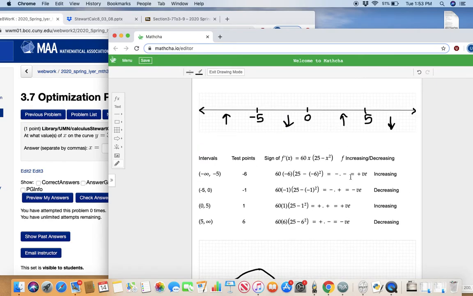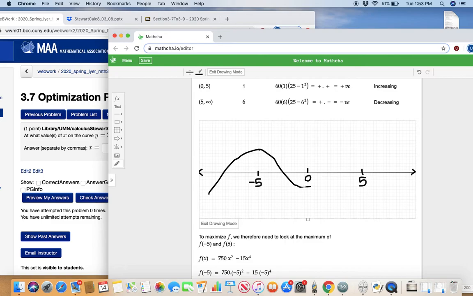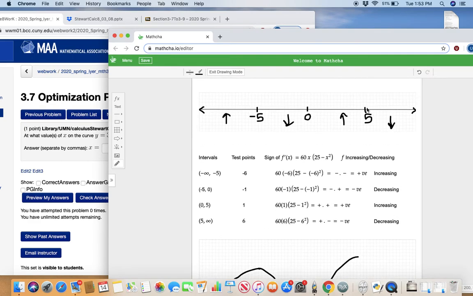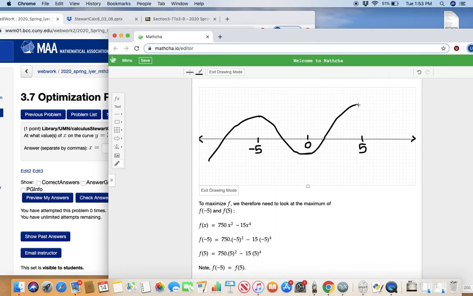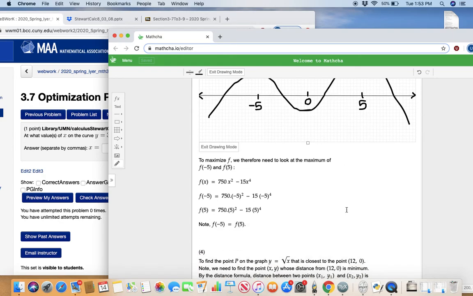After 0, I'm increasing again. And after 5, I'm decreasing again. I don't know whether this is my picture, but the point is, the maximum I will get from this and this, not from this, because this is anyway lower than either side.